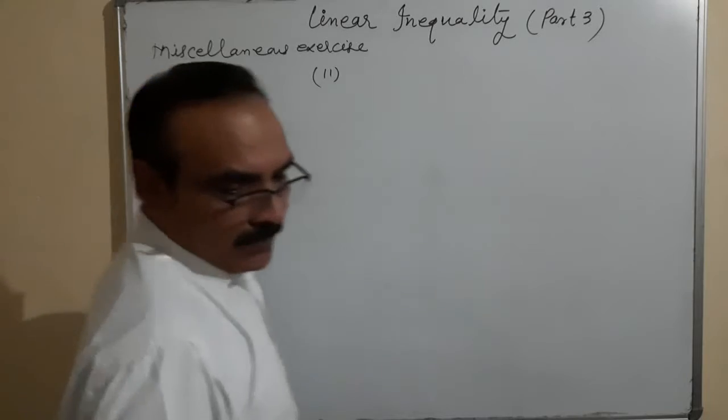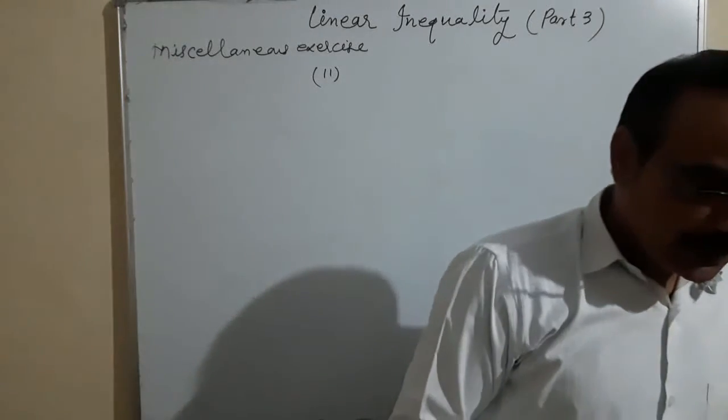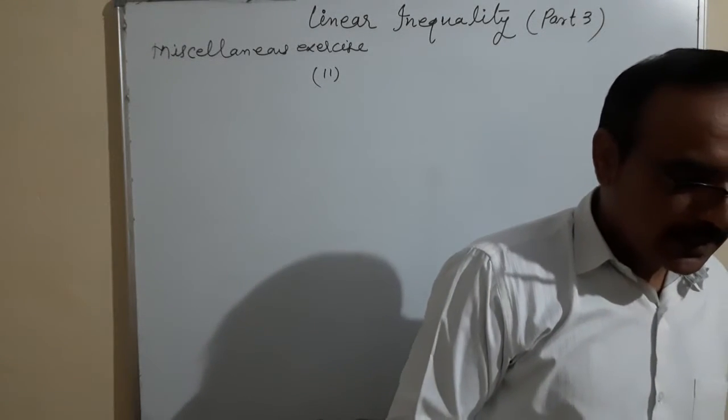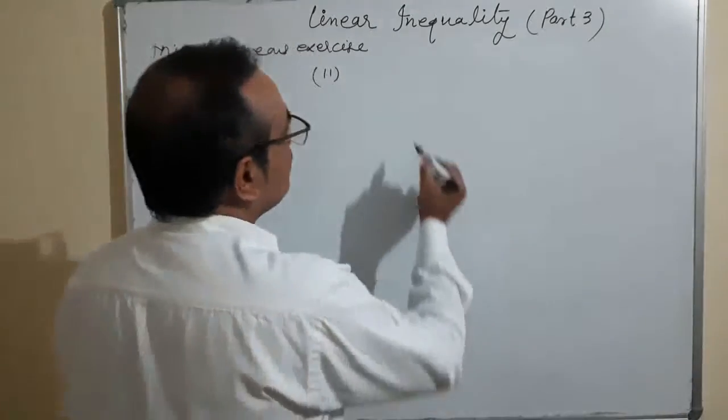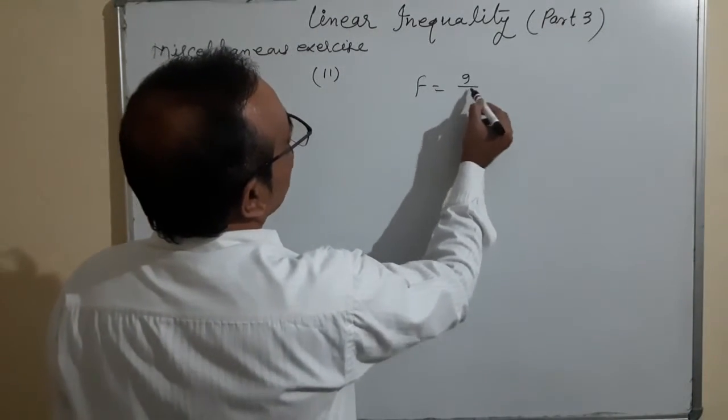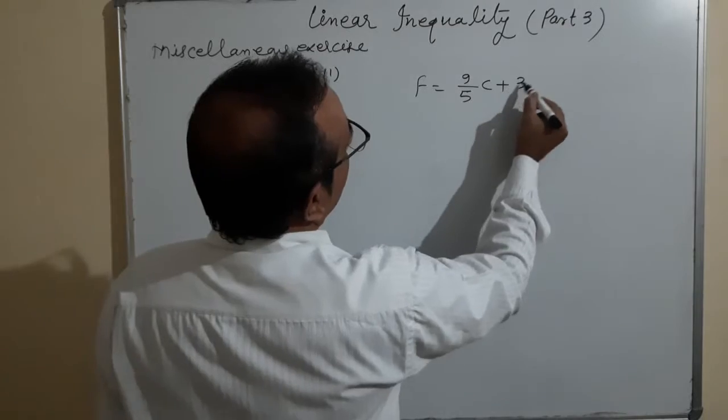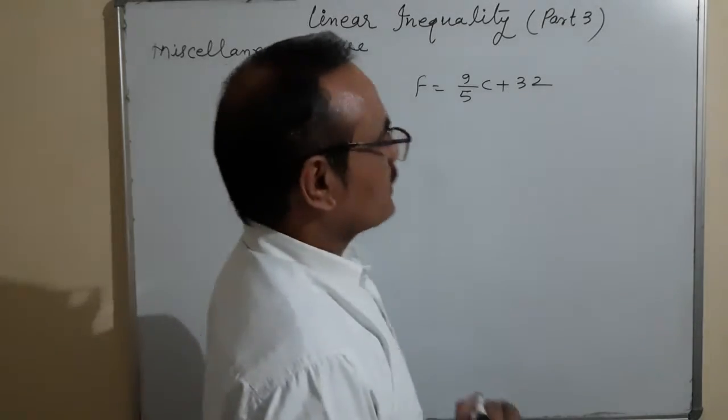Question 11. A relation is given between Fahrenheit and degree Celsius: F is equal to 9 upon 5 C plus 32. Okay, that is the formula.